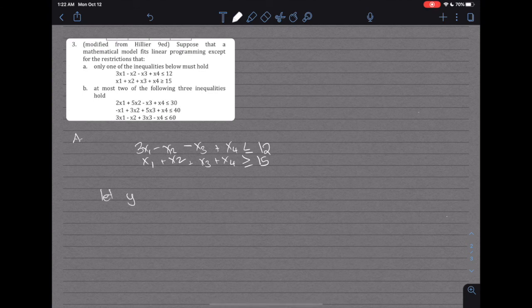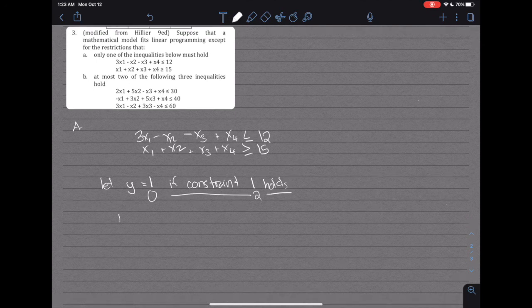Let y be equal to 1 if constraint 1 holds, and 0 if constraint 2 holds. Notice that this is only a yes or no, either-or constraint. To do this, we're going to use the big M. Again, M in IE41 is a very big number.